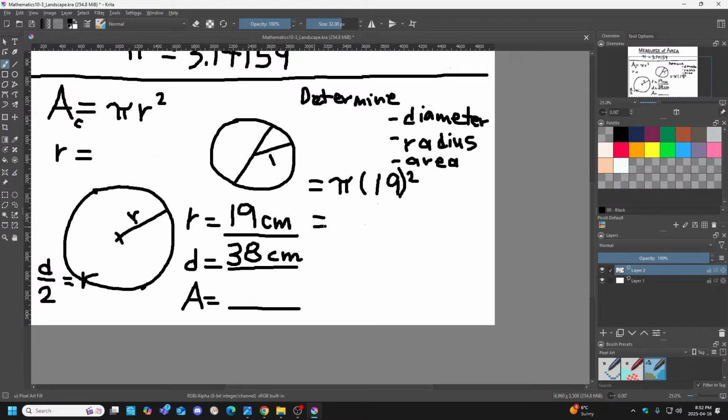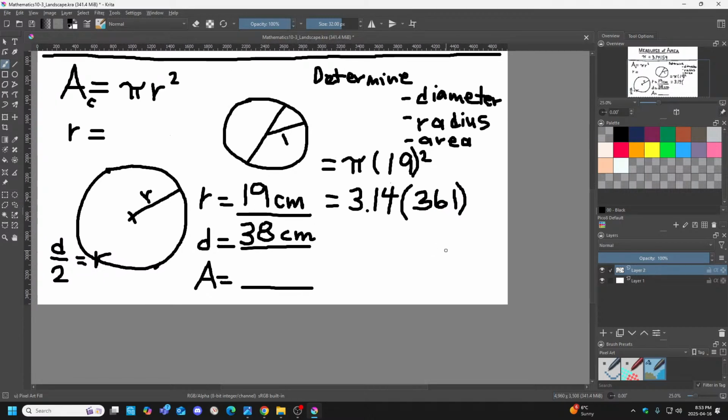Equals, I'm just going to go 3.14, and we're going to do 19 squared. 19 squared is 361. I could have done the long work, but we'll try to speed things up here. I still have it on the calculator screen. I don't want to erase it because I want to keep that value.